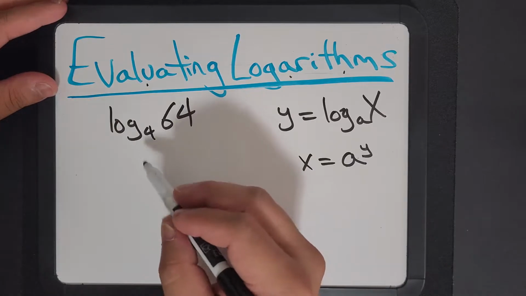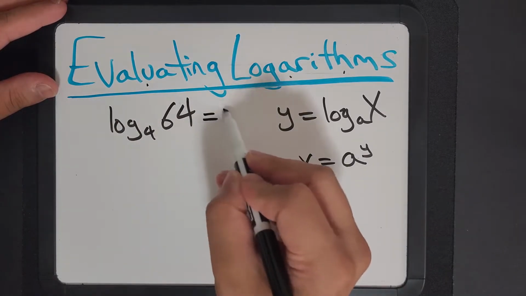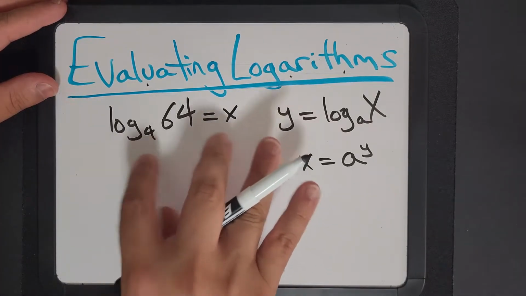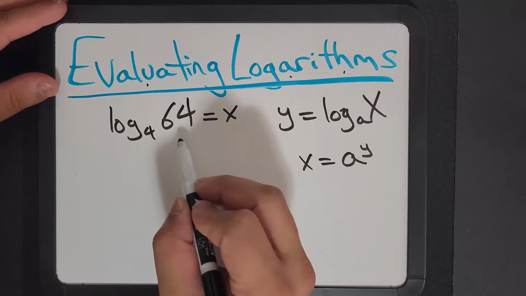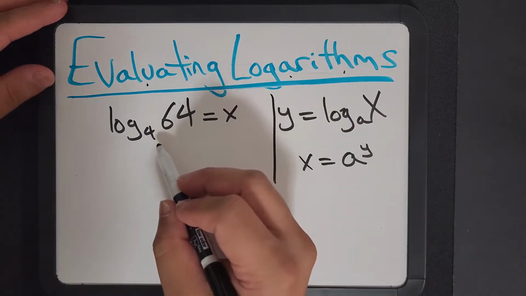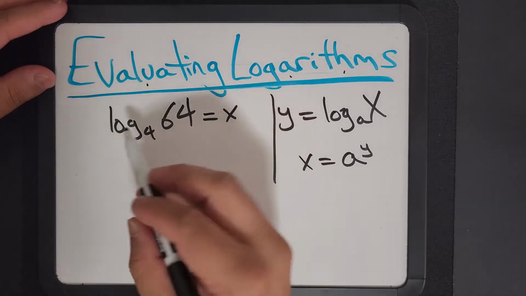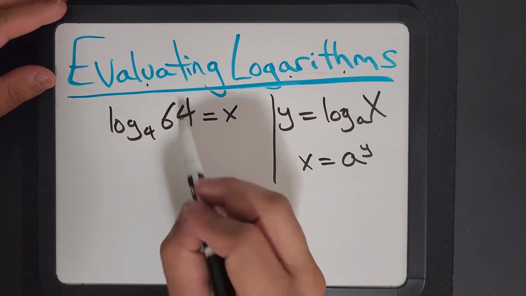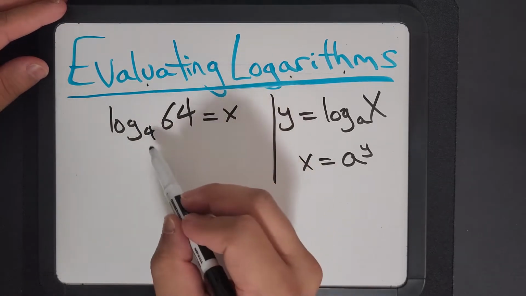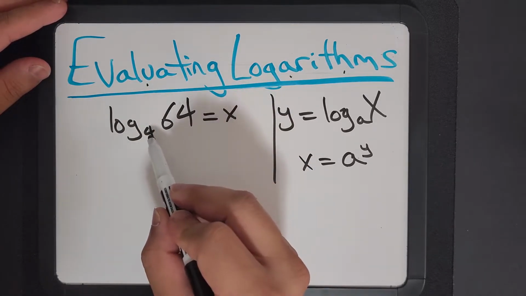If we have log base 4 of 64 equals x, I want to solve for x here. By definition, this logarithm is an exponent. The exponent of what?